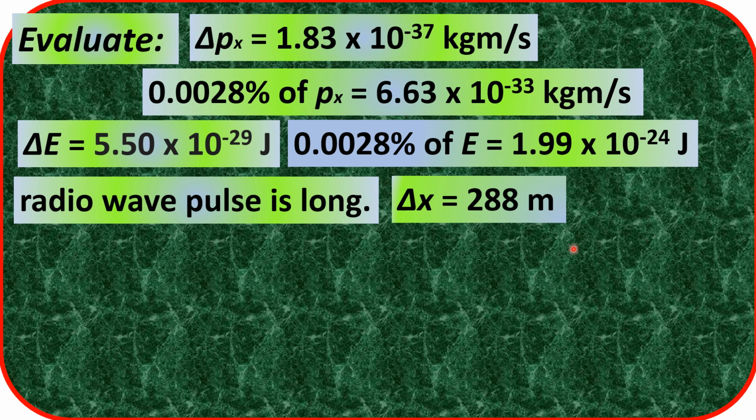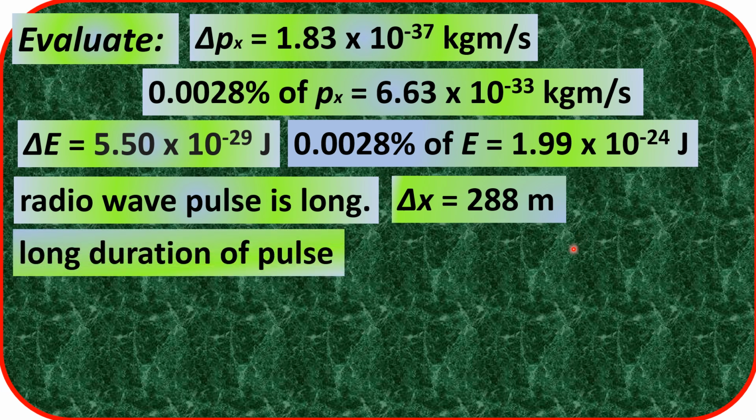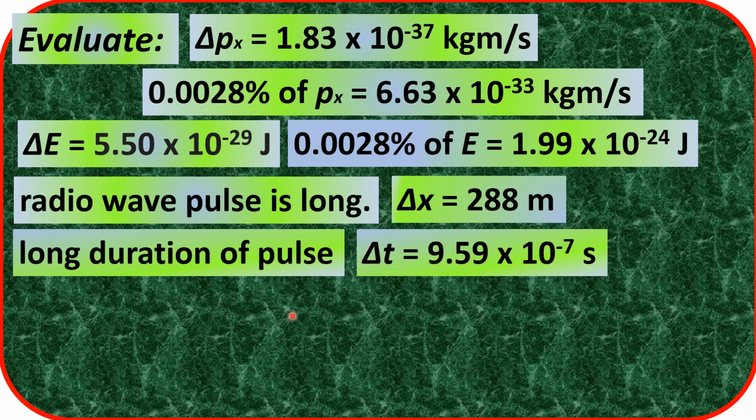And the other factor is that the time duration of the pulse is relatively long, with delta t being equal to 9.59 times 10 to the negative 7 seconds, which is just actually equal to 0.959 microsecond.